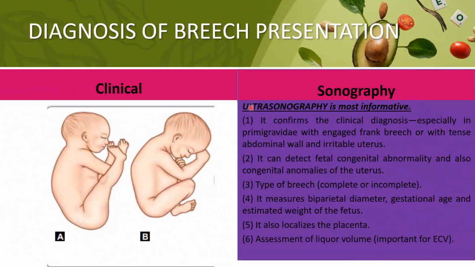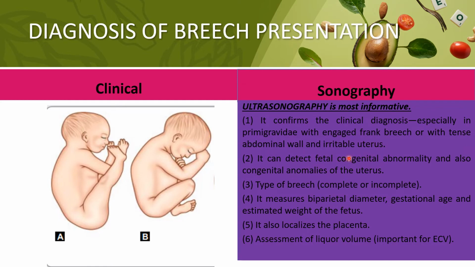Diagnosis. How can we diagnose breech presentation? Based on clinical examination and sonography. Sonography means ultrasound, and it confirms the clinical diagnosis. Clinically, they first diagnose by antenatal examination. After that, they can go for USG, especially in a primigravida with engaged frank breech, where mostly extended legs or frank breech will be there, or with a tense abdominal wall or irritable uterus.